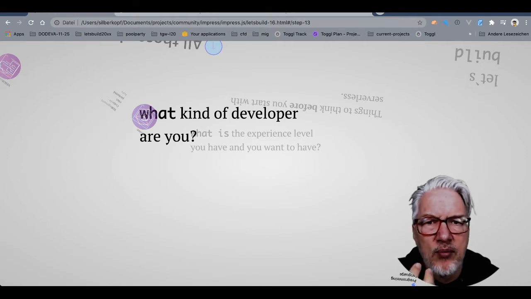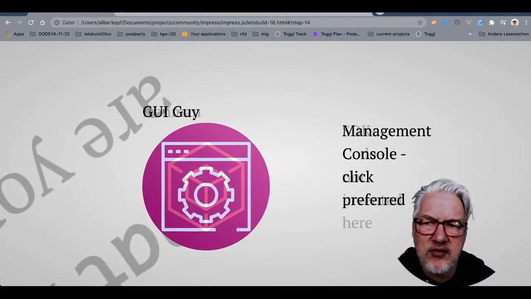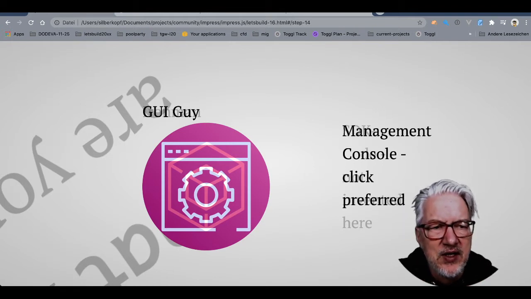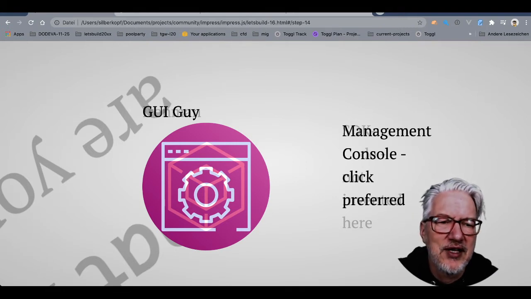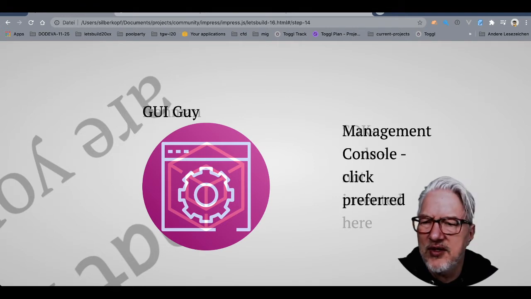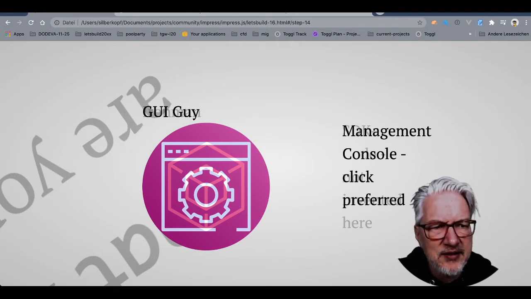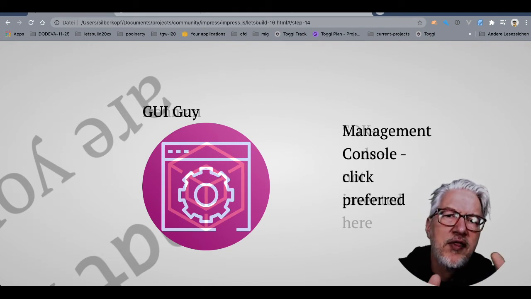Are you more a managed console guy? That means you work with the console all the time. The graphical user interface is called the console at AWS. In the old days, the console was a terminal, but now it's the graphical user interface. And you can just start with Lambda in the console.